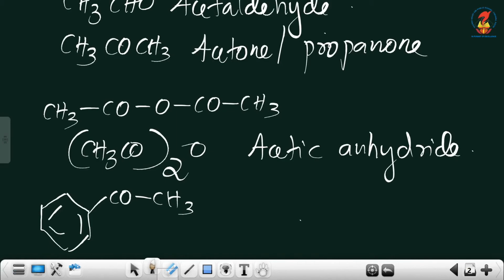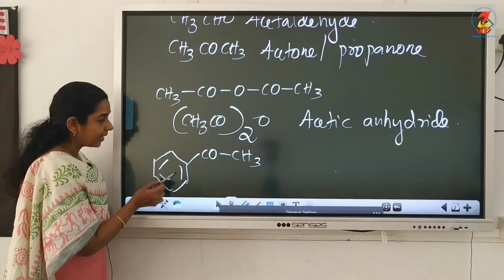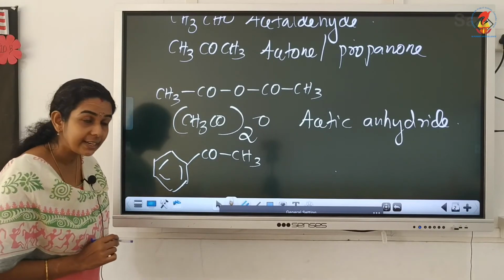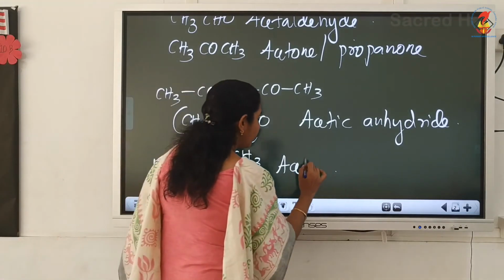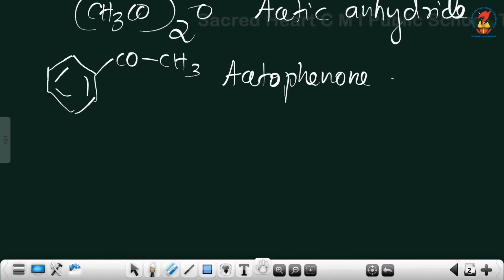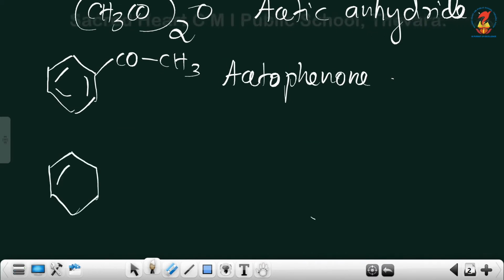How can we remember the acetophenone structure? One side of the keto group is benzene and the other side of the keto group is a methyl group. This is acetophenone. And the last compound that you have to remember is benzophenone. What is the benzophenone formula?